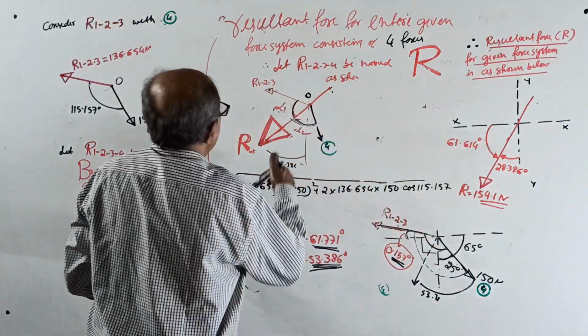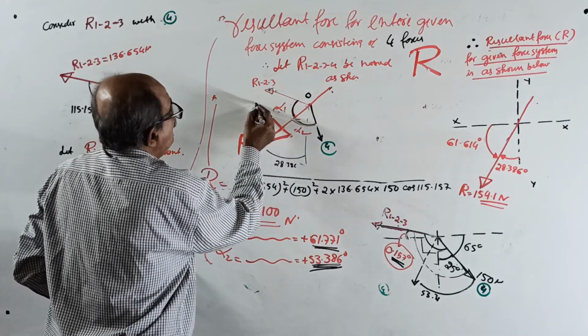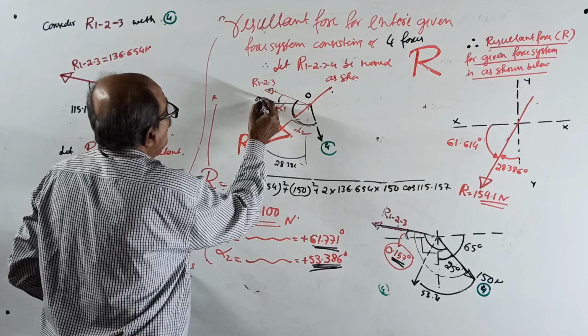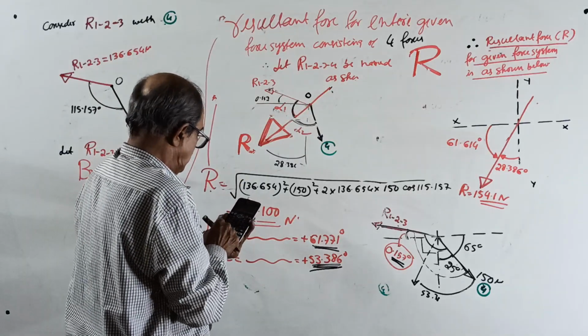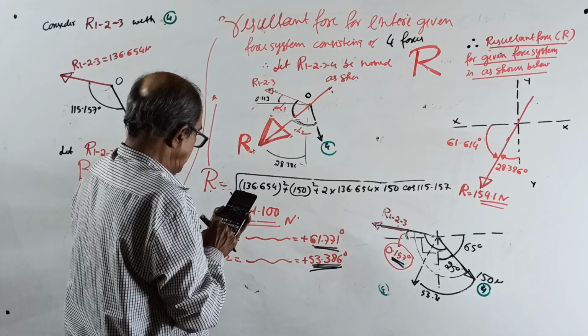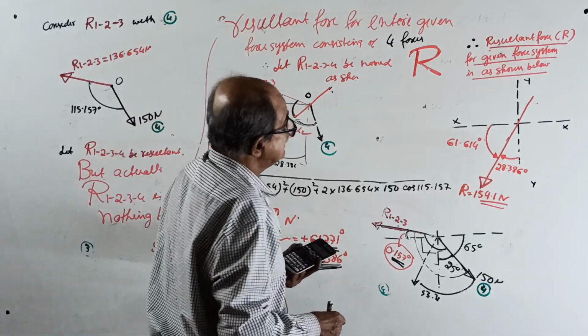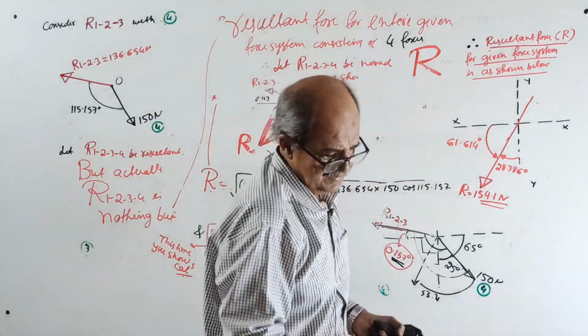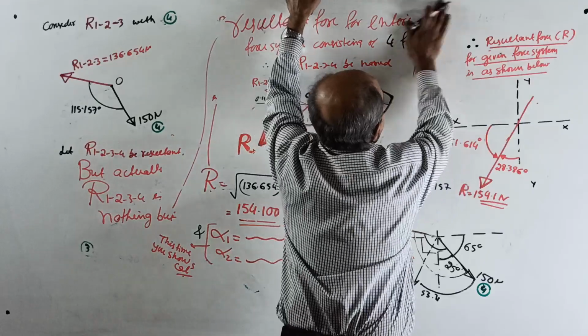So from 61.771 subtract 0.157. What do you get? The same answer, 61.614 degrees. This is the final answer we got.